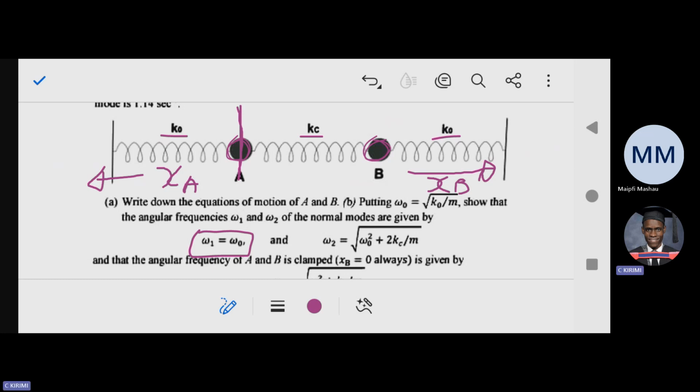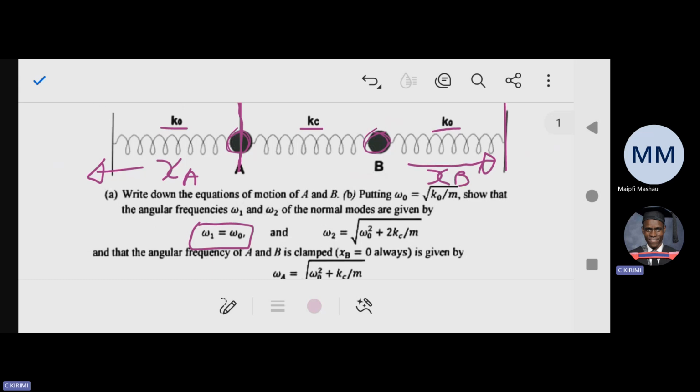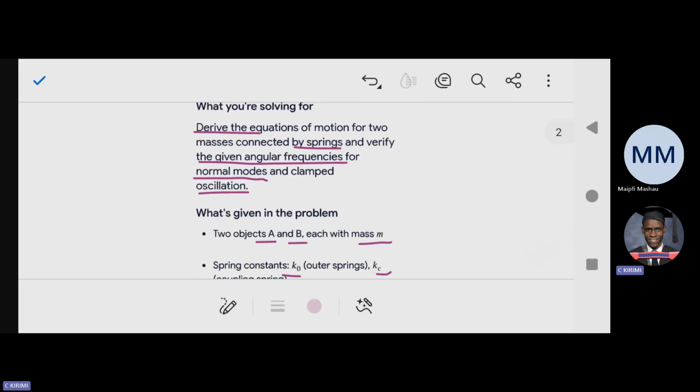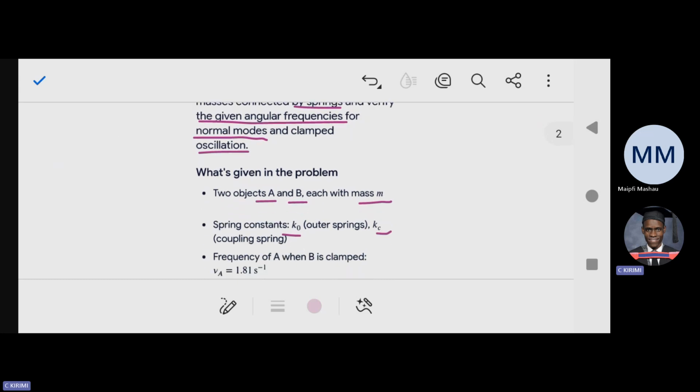If you move to the right for A, you are not compressing, you are pulling the spring. But if you compress the spring for B, you are moving towards the wall where it is attached. So we have given those directions xA, xB. That is how we are going to start it.